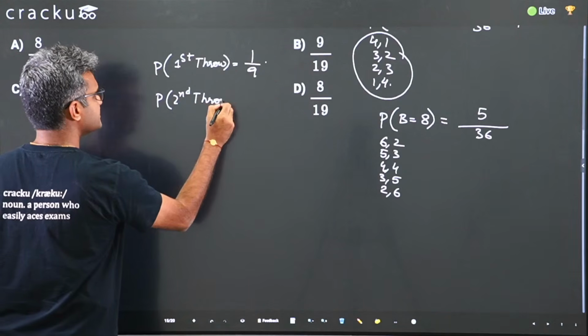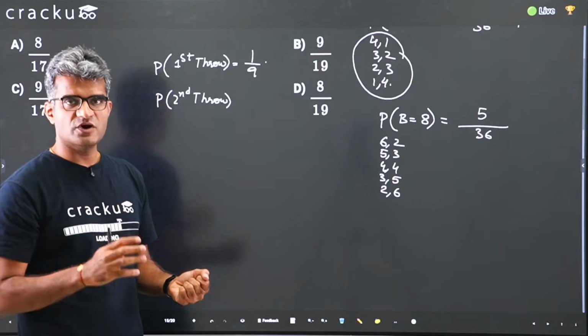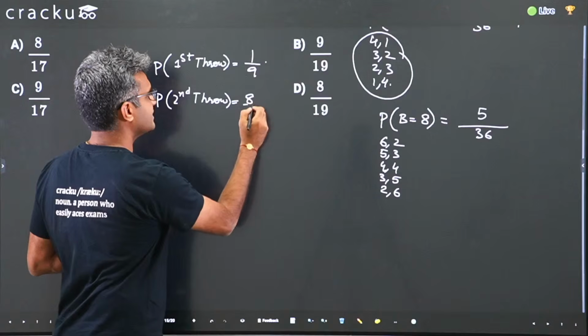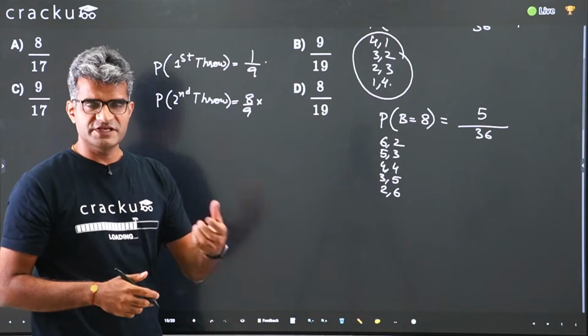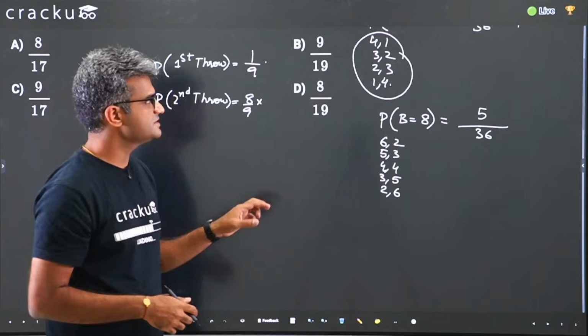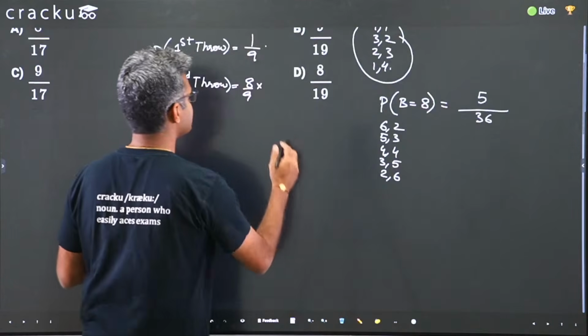For the game to be finished in the second throw, when A throws it the first time, he should not get a sum of 5. And the probability for that to happen is 8 by 9. And then B throws. When B throws, he should not get a sum of 8. And the probability for that to happen is 1 minus 5 by 36, which is 31 by 36.